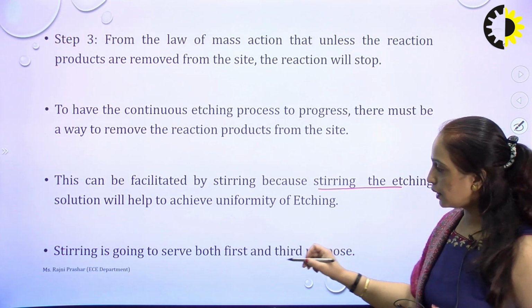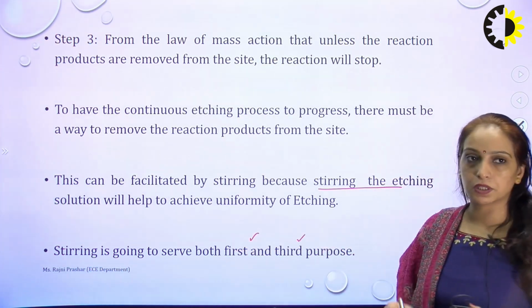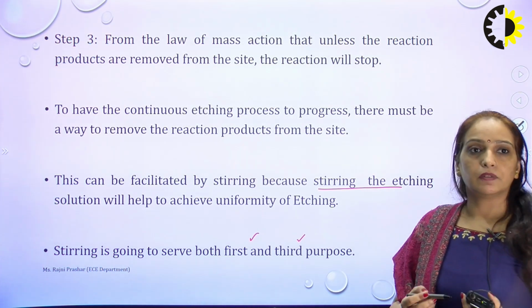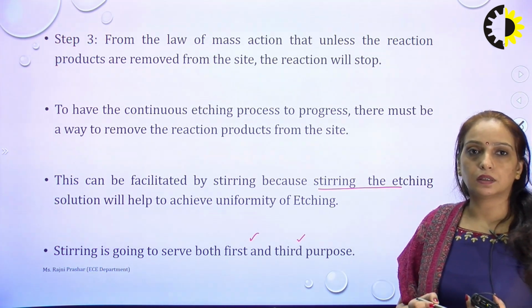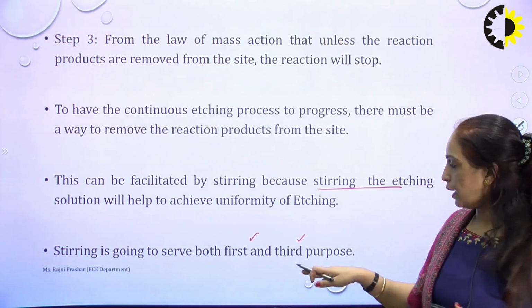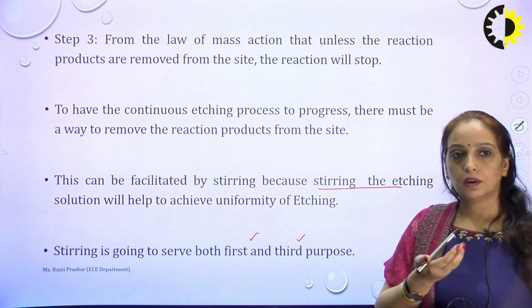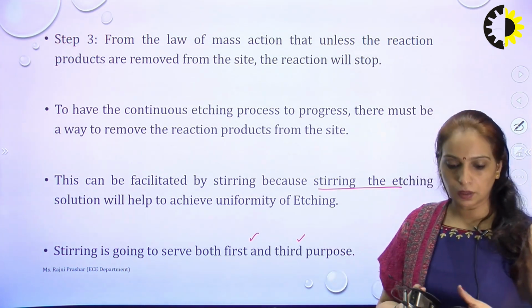So this stirring is going to serve both the first purpose and the third purpose. The first purpose was that it can maintain the concentration gradient constant, and the third purpose is that with the help of stirring we are going to take away the residual products.